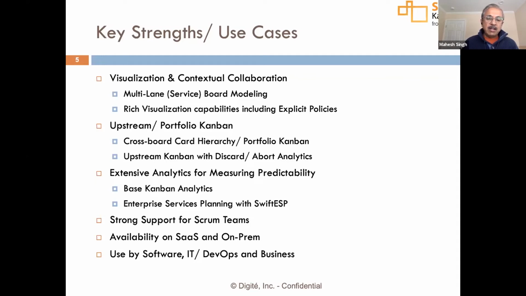And finally, of course, a few other things that help you interact or use the tool in the various different contexts that you might have for using Scrum or Kanban or a combination of the two. Our tool is used in a variety of use cases between software, IT, and DevOps, as well as a range of business functions from marketing to HR to procurement and all kinds of other business functions.